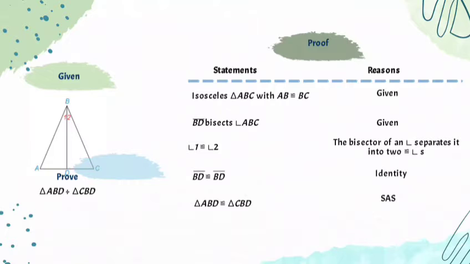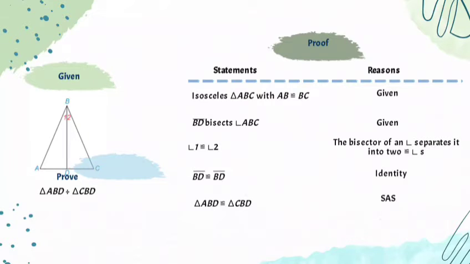Given isosceles triangle ABC, with segment AB congruent to segment BC, and the line that starts at B goes through D and bisects angle ABC. Prove that triangle ABD is congruent to triangle CBD.